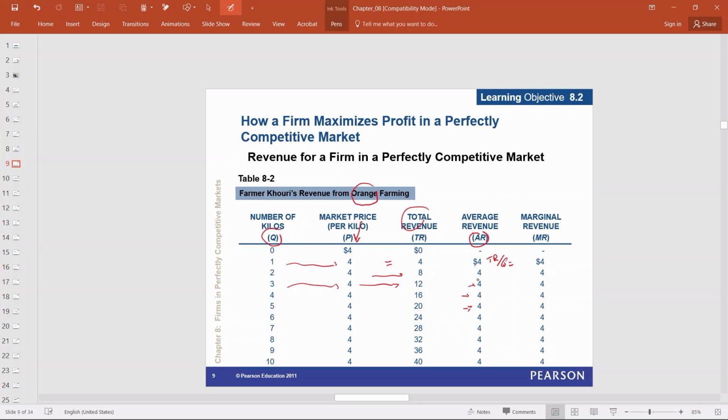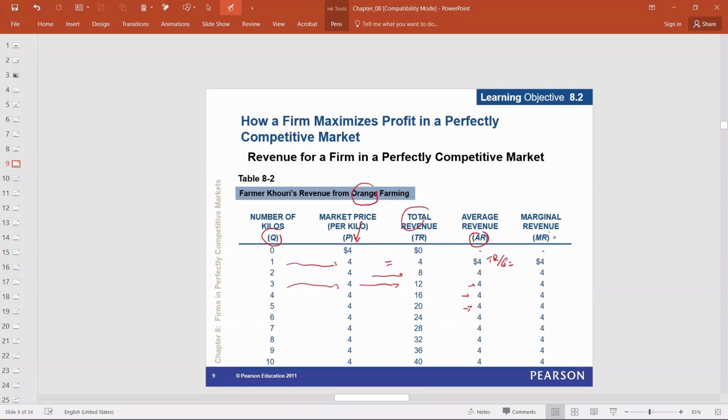And as you notice, because the market price is flat or fixed for this firm, where it cannot have control over the market price, the average revenue is going to be similar to the market price.